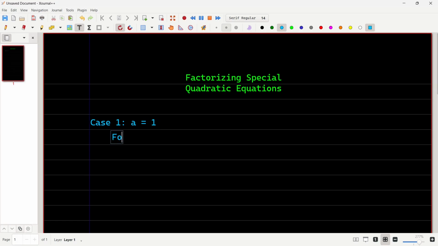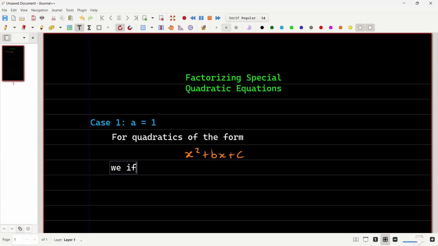So for quadratics of the form x squared plus bx plus c, for any quadratic expression of that form, we're going to have a formula that we're going to follow.